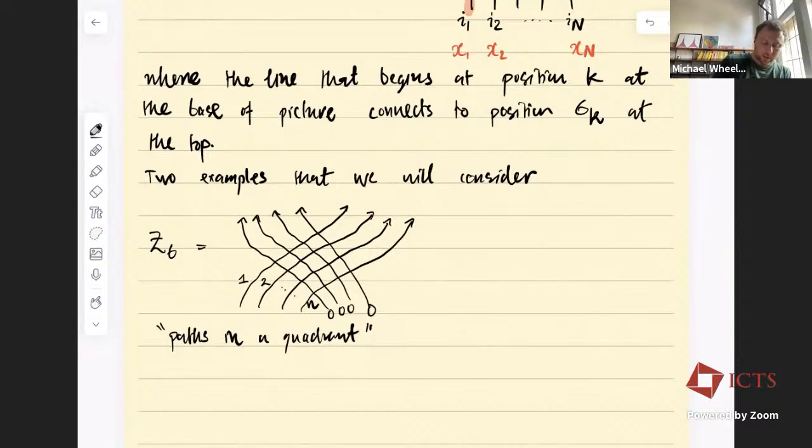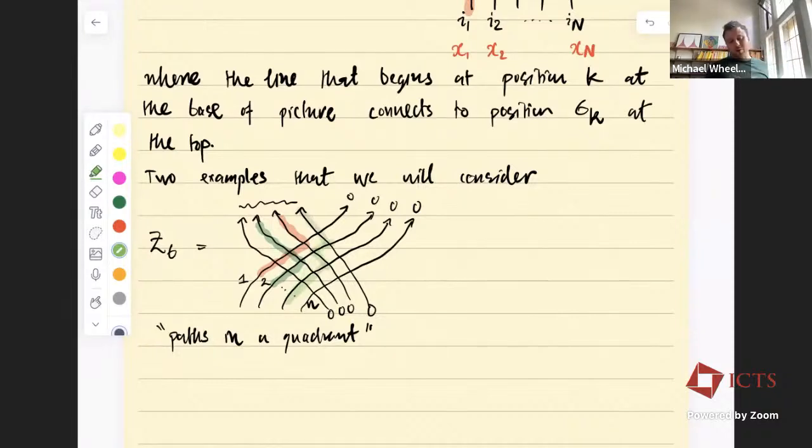The choice that usually interests us is to have them going out through here and to have all of these being equal to 0. So this is going to give rise to pictures that might look something like this. This kind of thing. Okay, I'm by no means trying to do an accurate picture here, but hopefully you get the idea.